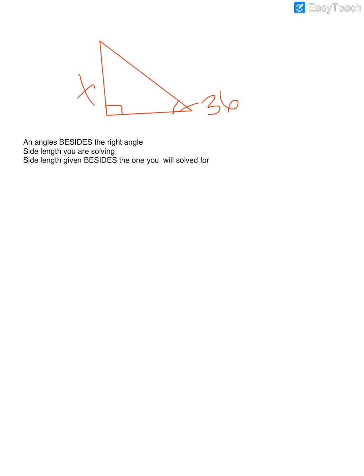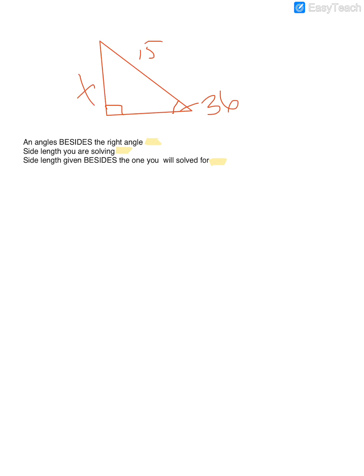So that means that we have given an angle besides the right angle. We have chosen a side length that we are solving for. And now the last thing we must do is have a side length that is given to us besides the one we're going to solve for. So I'm just going to call this side length 15, yeah? So that means that we have all 3 elements that we need to solve for trig.